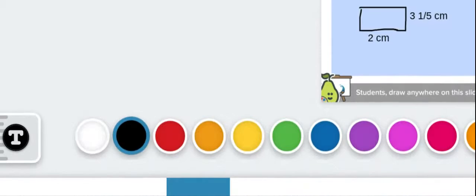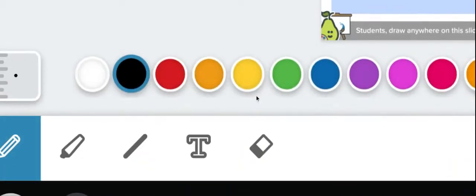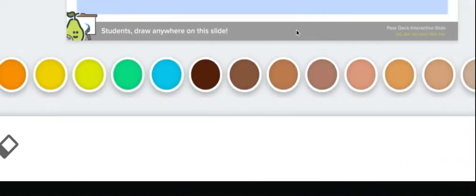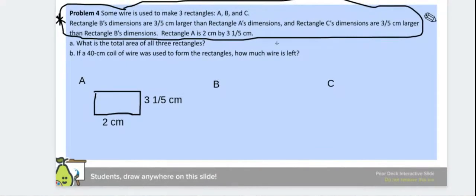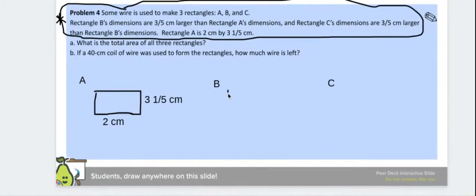We know that rectangle B is definitely going to be a bigger rectangle. So I'll try to make one a little bigger. Okay, that looks a little bigger.